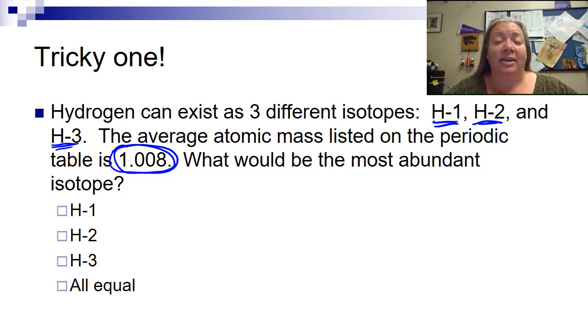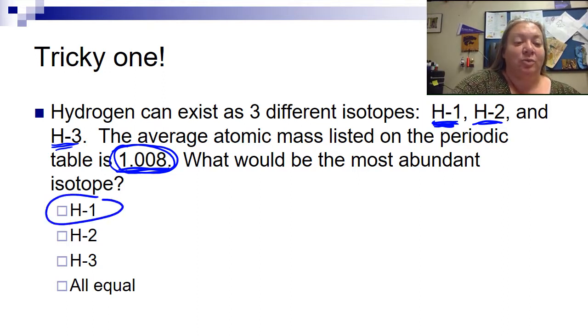I'll tell you, they're not equal. Generally, those isotopes do not have equal percentages. Because this number is closest to 1, guess what? H1 is your answer. So that one, no math associated with it. You just had to be able to think it through.